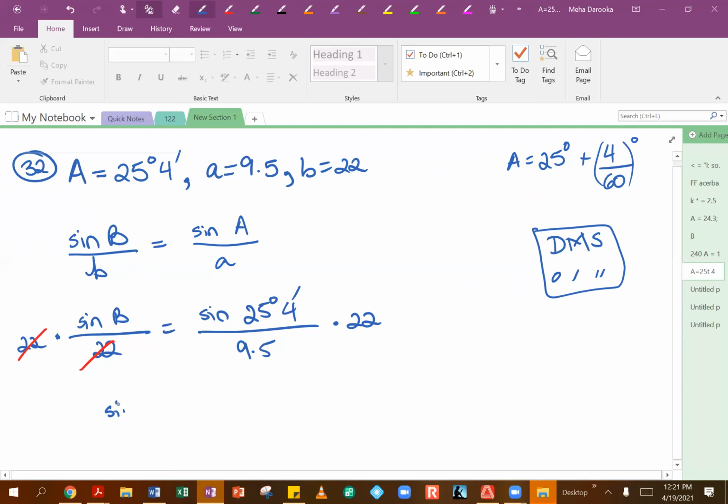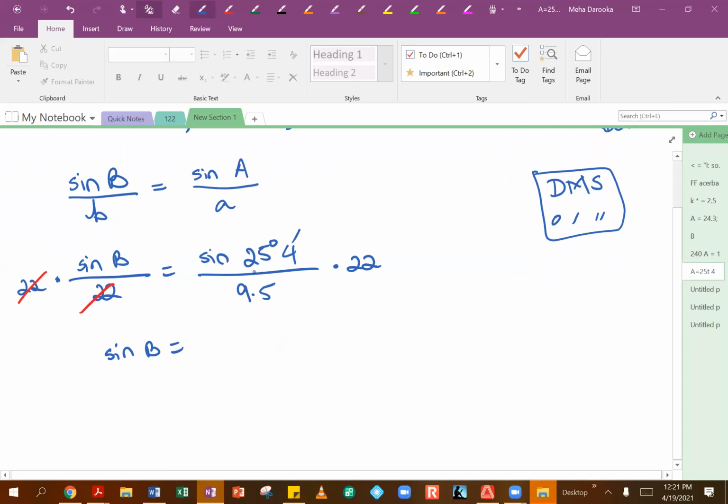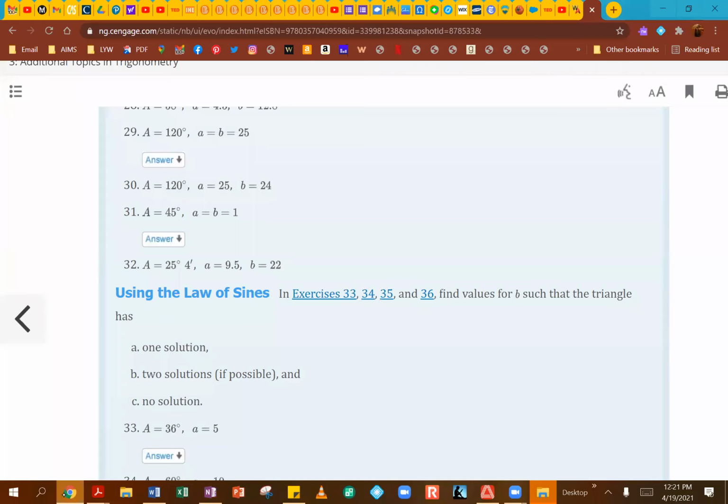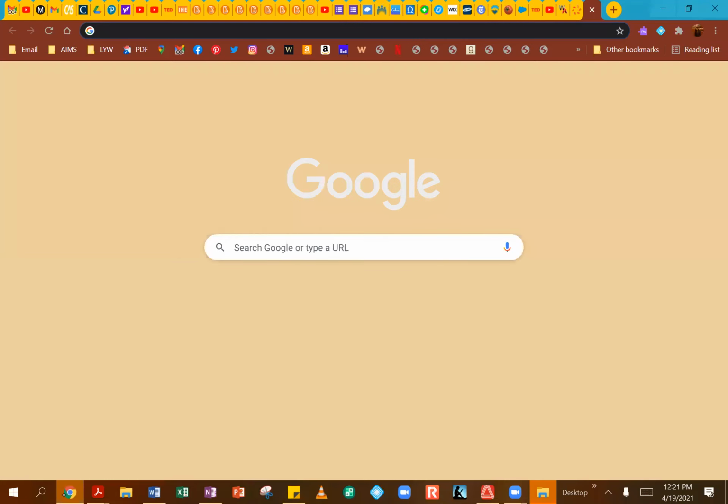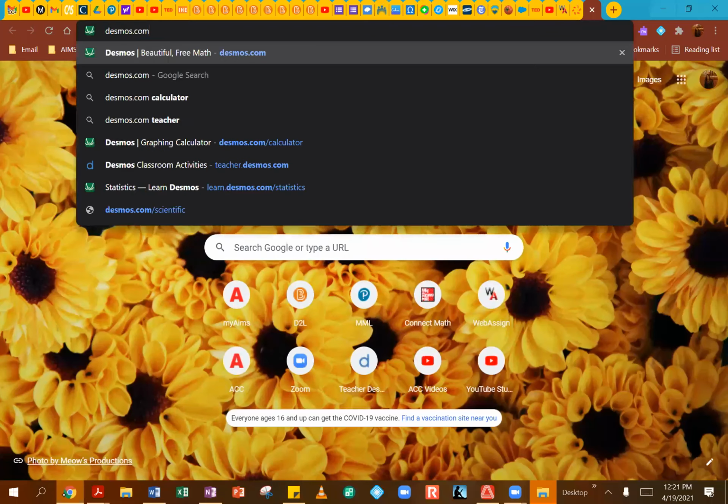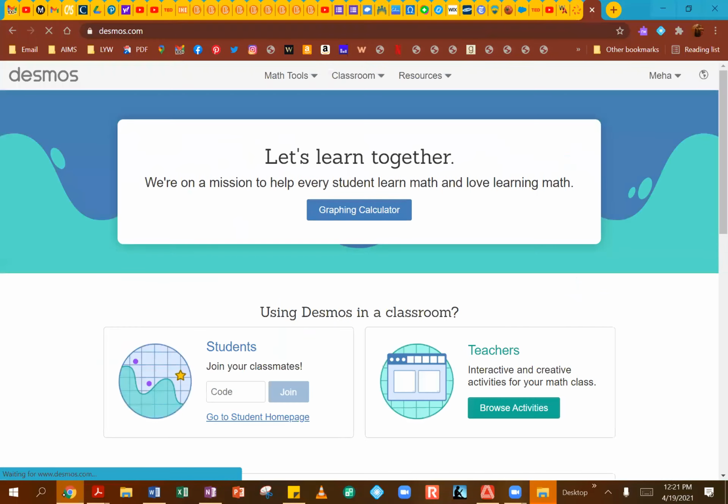So what's going to happen here, when you plug this into your calculator, I'm going to try and see if I can show this to you maybe with Desmos, so you can see how you want to type this in.